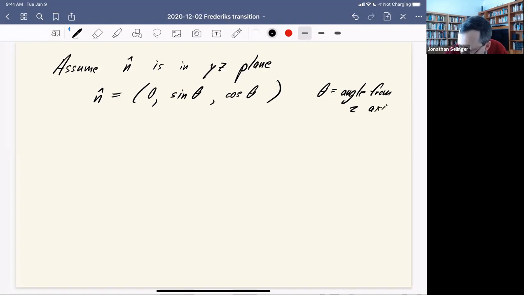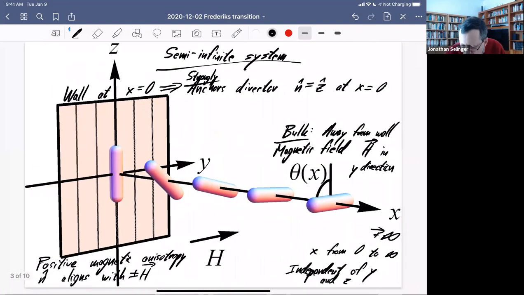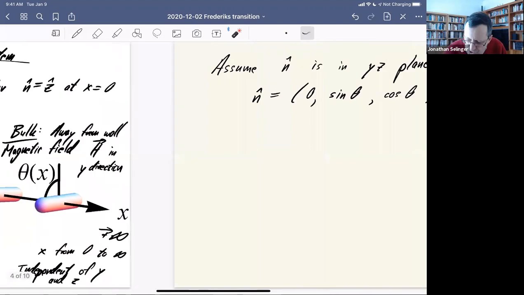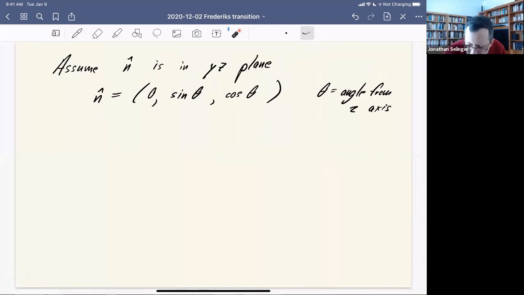Okay, so in a picture like this, right? So here, theta is equal to 0, right? And here, theta is 90 degrees. So the theta is dependent on the coordinate x. So this is the director n as a function of x. Okay, so 0, sine theta of x, cosine theta of x. Okay.